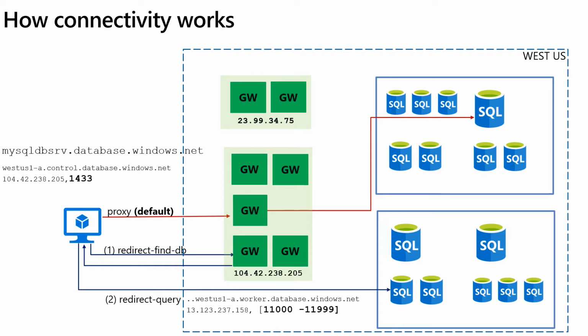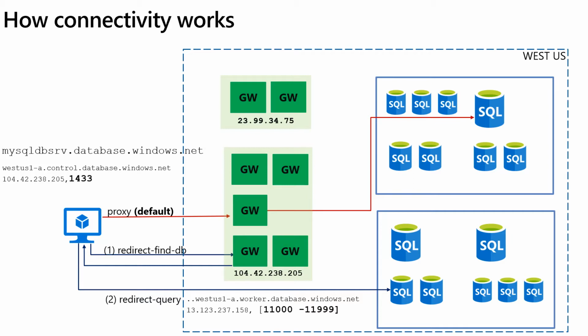And then the client connects directly to the backend node where the database is running. Now, the redirect method is more efficient for very chatty workloads because you are not going through the gateway each time for sending the query and getting the results back.